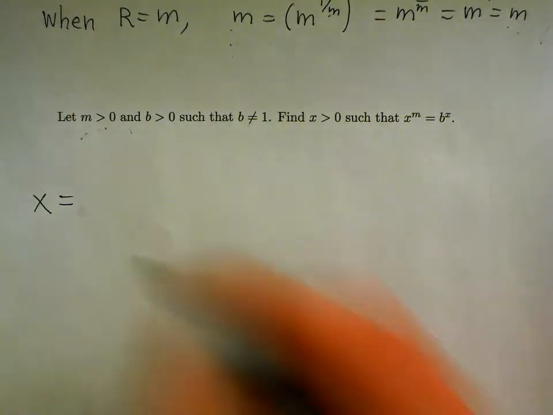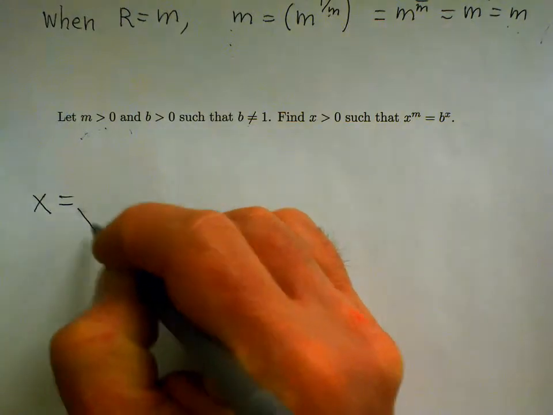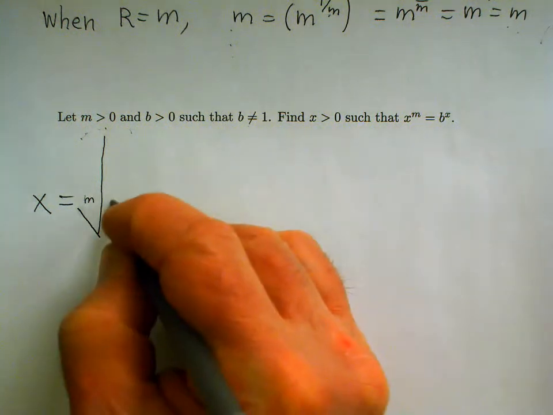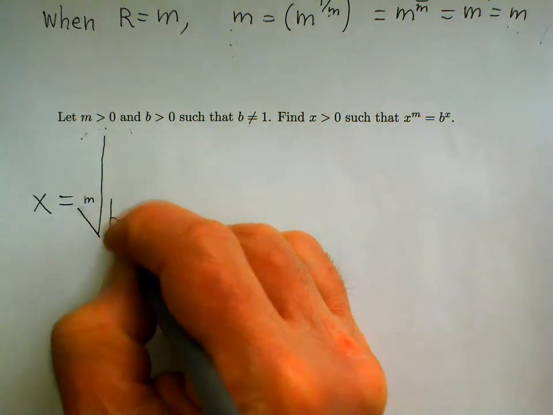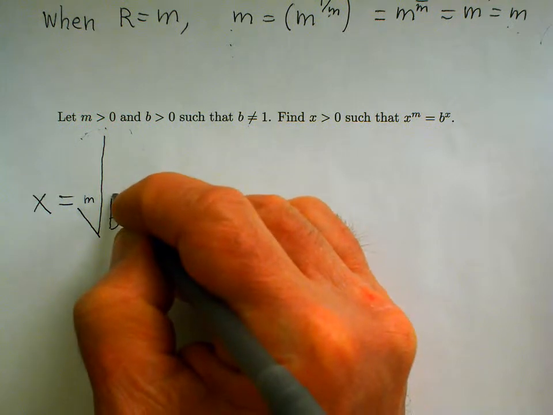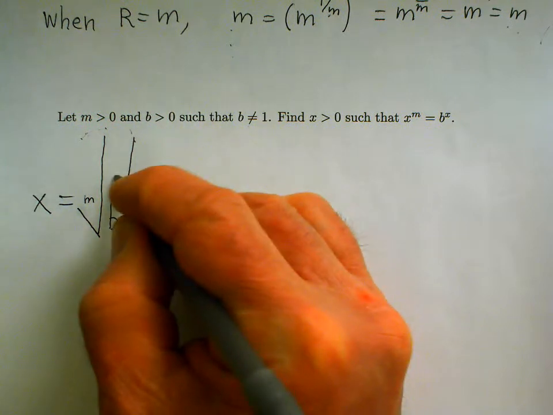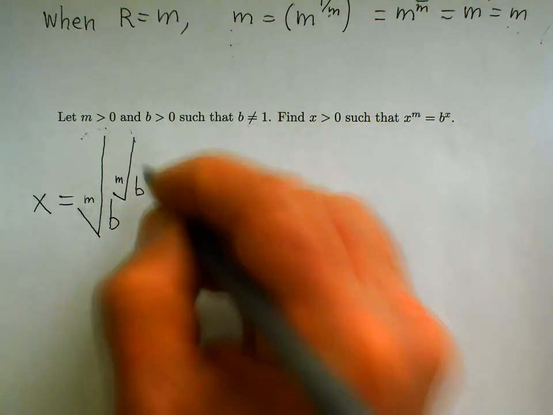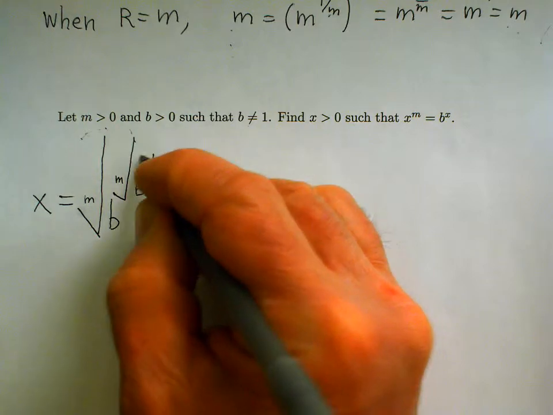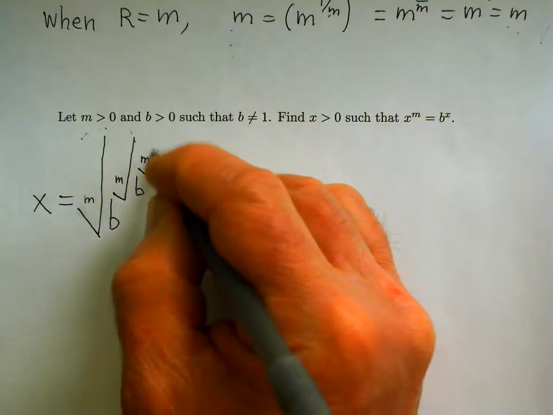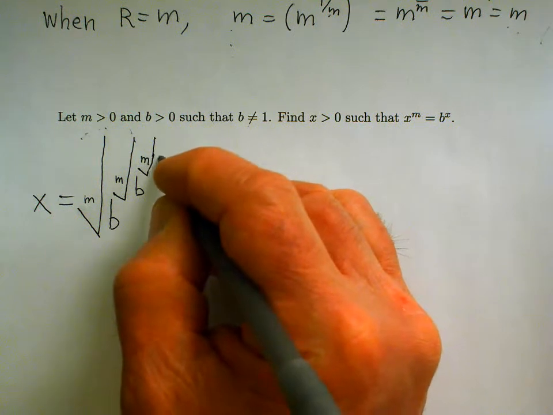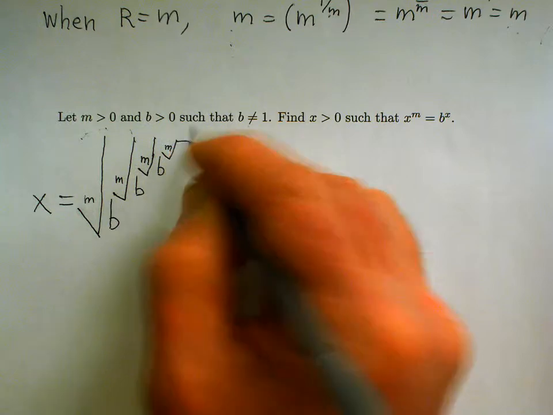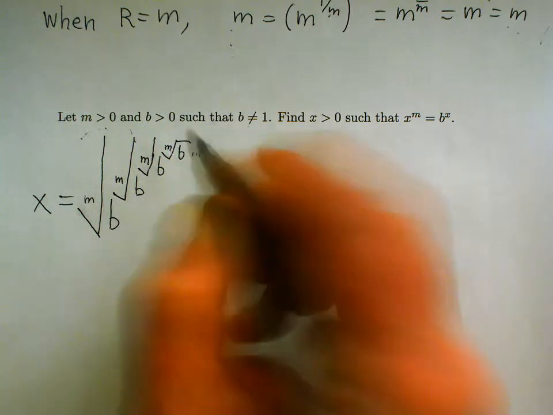So if x is equal to the mth root of b raised to the exponent, which is the mth root of b, which is raised to the exponent, the mth root of b, which is raised to the mth root of b, and so on.